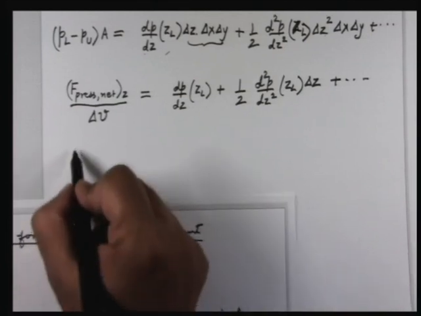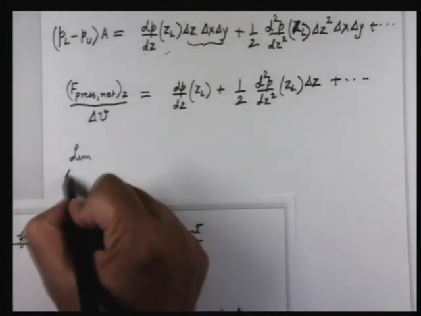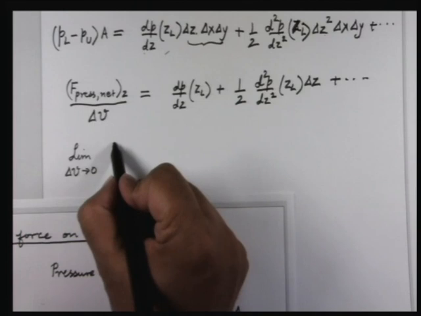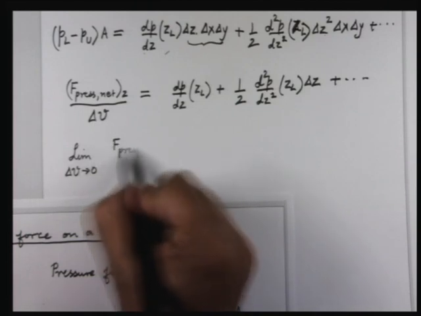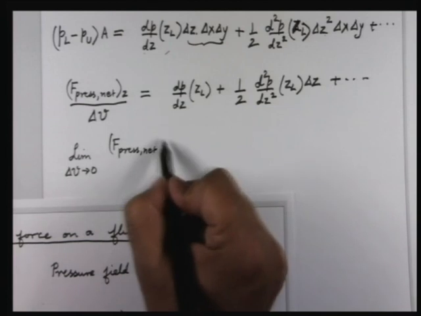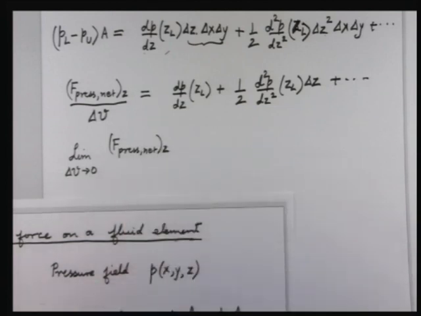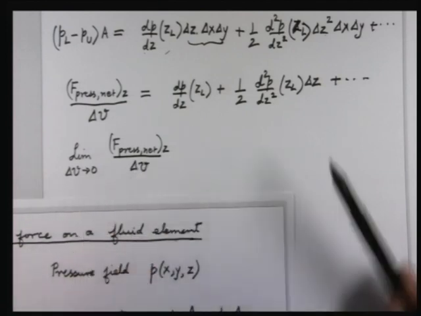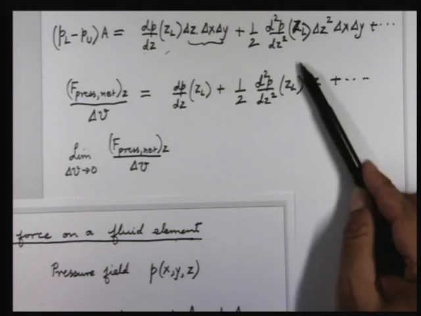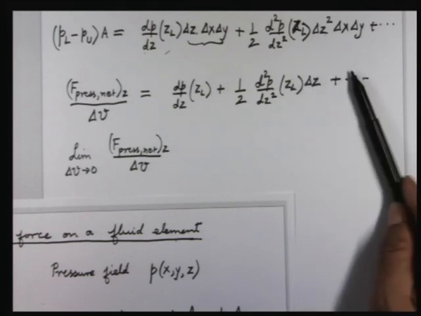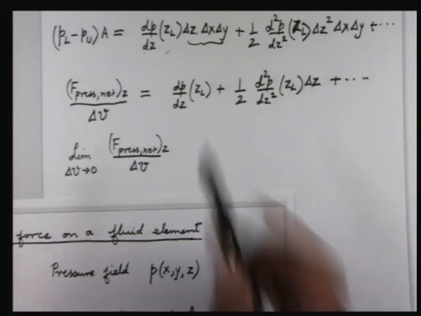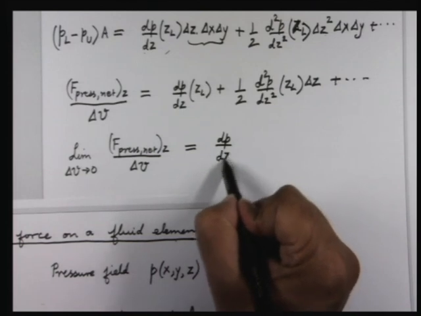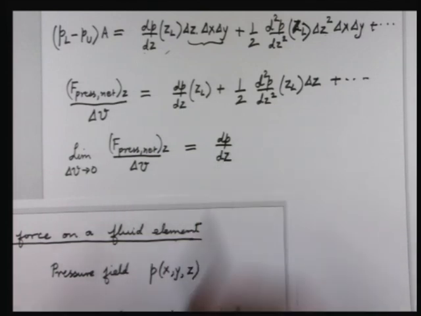So we want the limit as delta V goes to 0, that means delta X, delta Y, delta Z all are going to 0, of this F pressure net, and I have started with a simple 1D case where there is only force in the Z direction, divided by delta V. Now, when you take the limit, what will happen is this will go to 0 because it is multiplied by delta Z. The next term will be proportional to delta Z squared, that will also go to 0. So you will get simply dP/dZ at ZL.